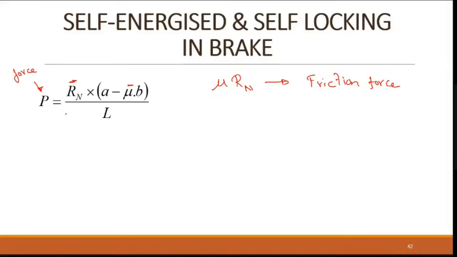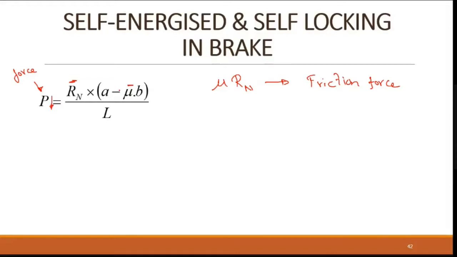So you can see here, the force used to apply the brake is lesser in this case, because we are getting the friction force with a negative sign. This indicates that the friction force itself is helping you to apply the brake.